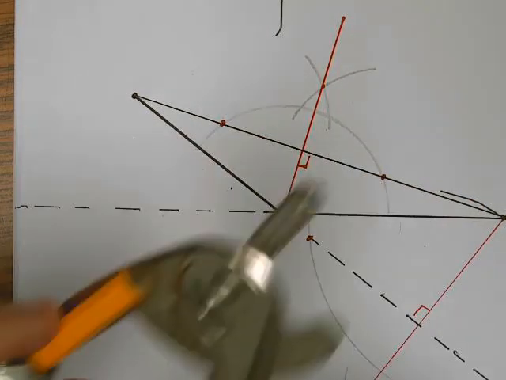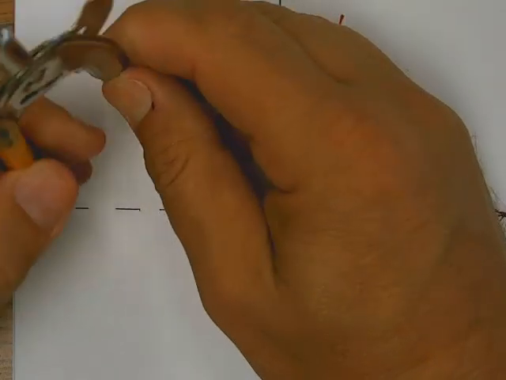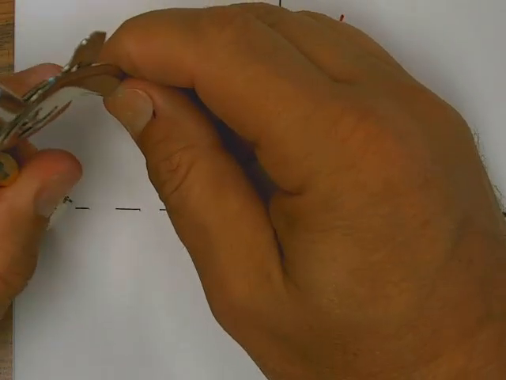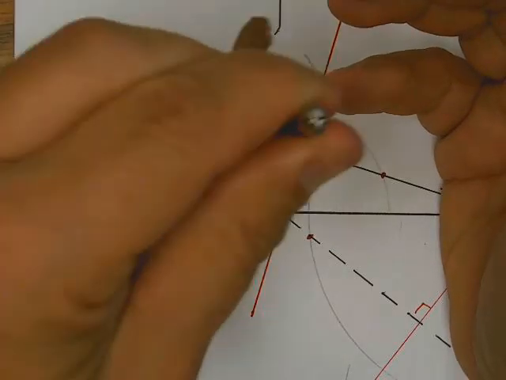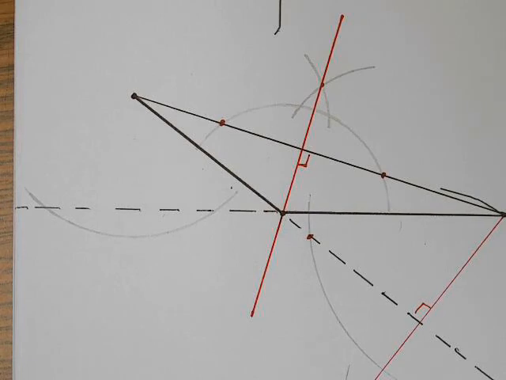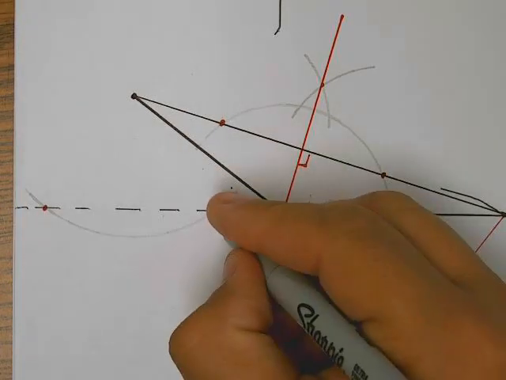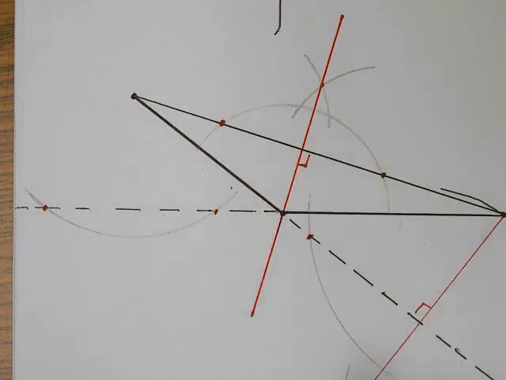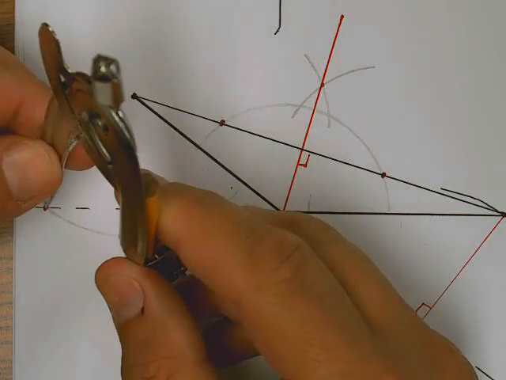Got to be fairly precise because I'm running out of paper. One, two. One, two. I go from those 2 points, smiley face. You get a point of intersection down below.